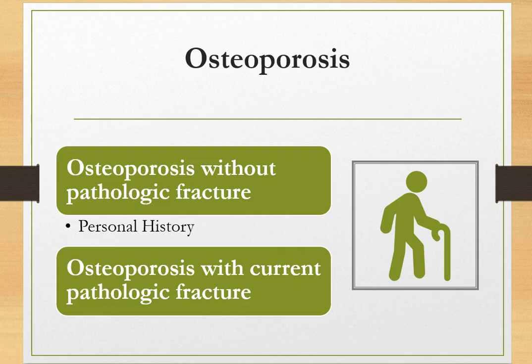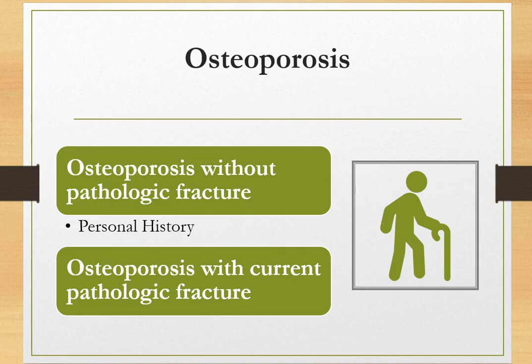The site component codes fall under category M80. So M81, osteoporosis without current pathologic fracture. M80, osteoporosis with current pathological fracture. And those codes are going to identify the site of the fracture and not the osteoporosis.